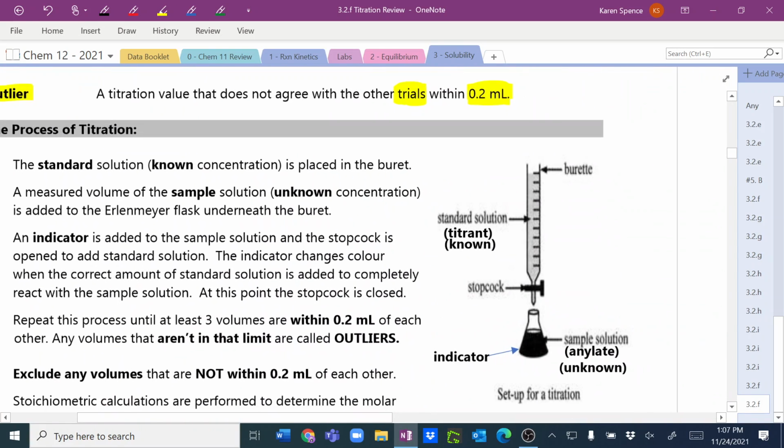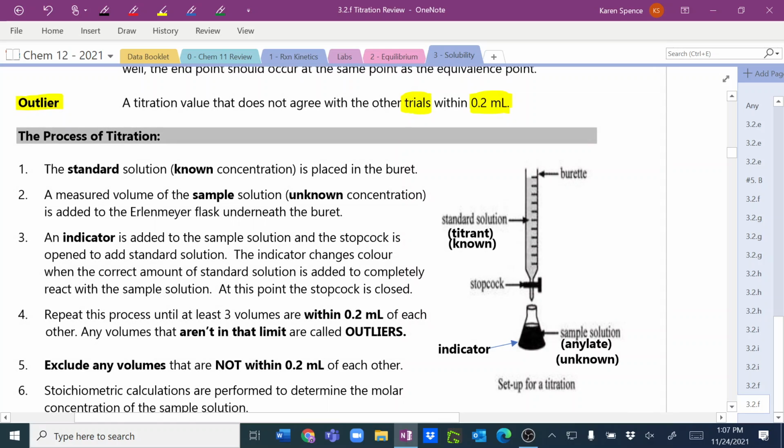So here's a little picture of titration, which is nice to refer to. We have our standard solution. Is the standard the one you know its concentration, or is it the one you don't know? Standard we know, okay? So there's our standard. It is known, and we can also call that the titrant, and it goes in the burette.